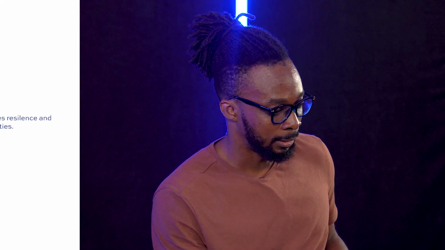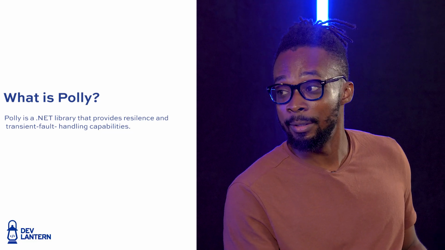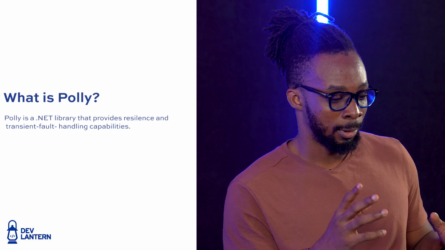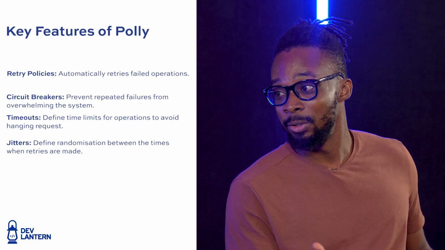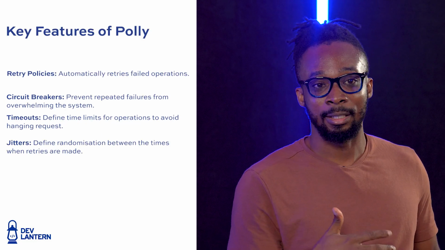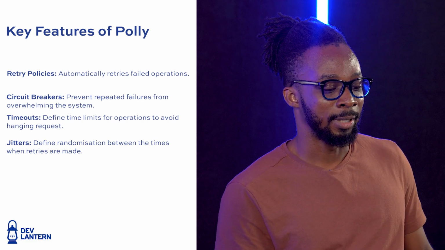It's a NuGet package that you have to install. And from here you can see that Polly is a .NET library that can provide resilience and fault tolerance. So there are a few features of Polly. One of it is retries. So if you want to retry a service, you get an error response, you want to retry it a couple of times. Polly provides that.